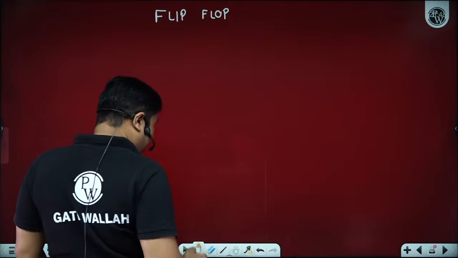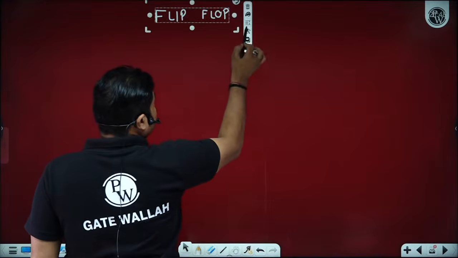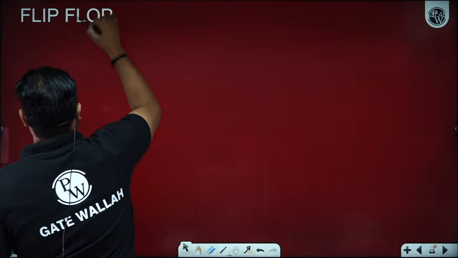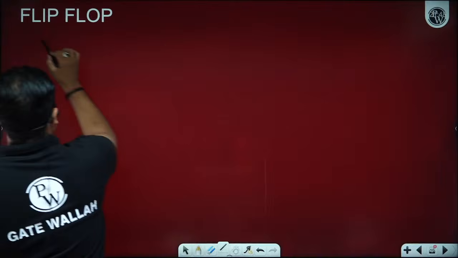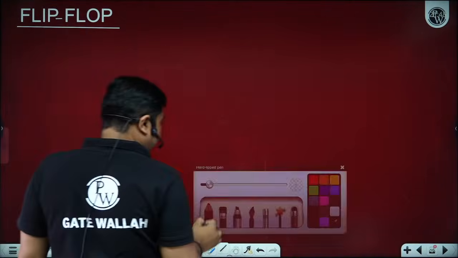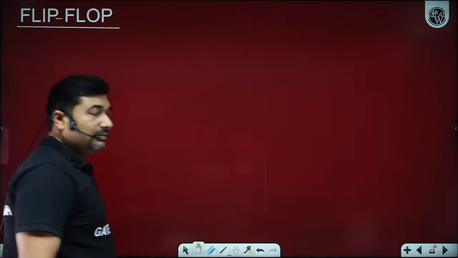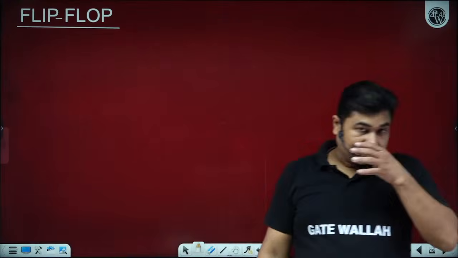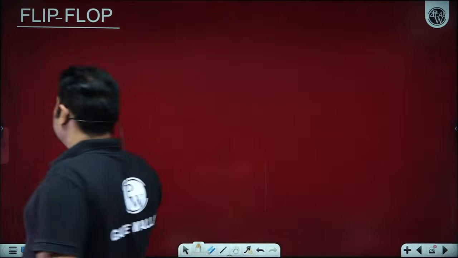If we talk about flip-flops, flip-flops are designed by using latches only, but the flip-flops will have a fixed truth table. Is it okay? Yes, sir.